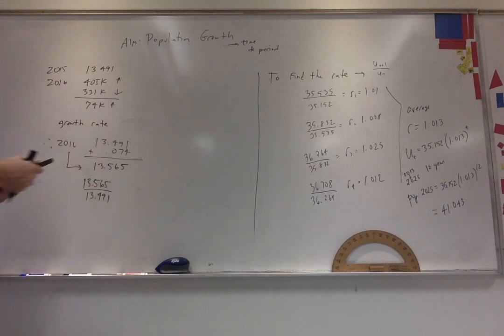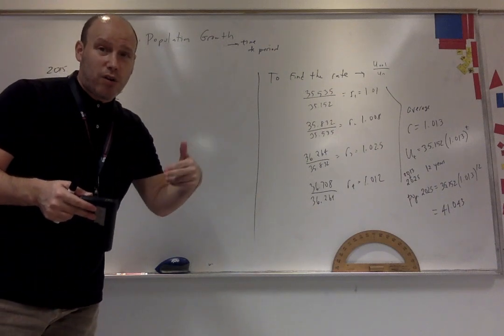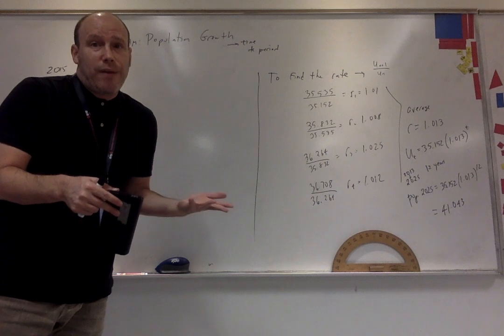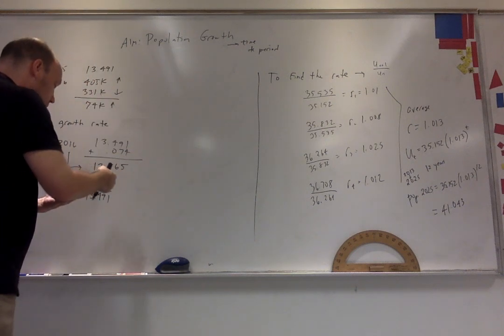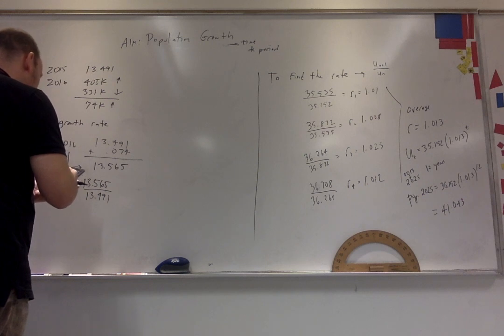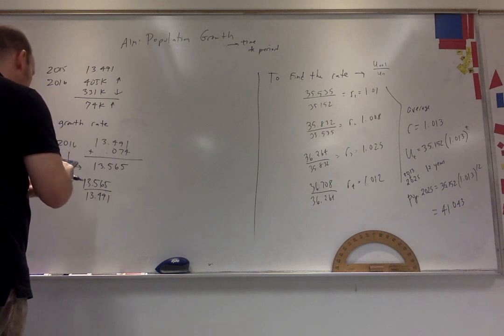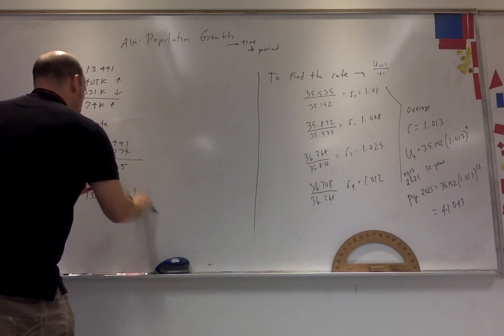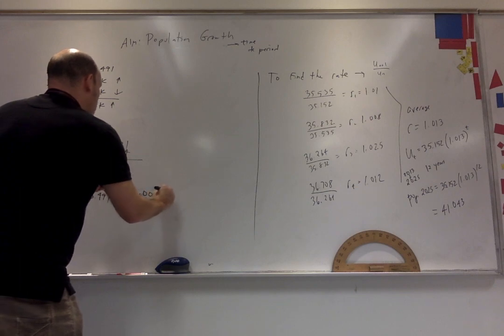I'm taking that number and dividing it by 13.491. Because remember, the second term divided by the first term. The population of 2016 divided by the population of 2015. And so let's take that number divided by 13.491, enter. It's about 1.00549.